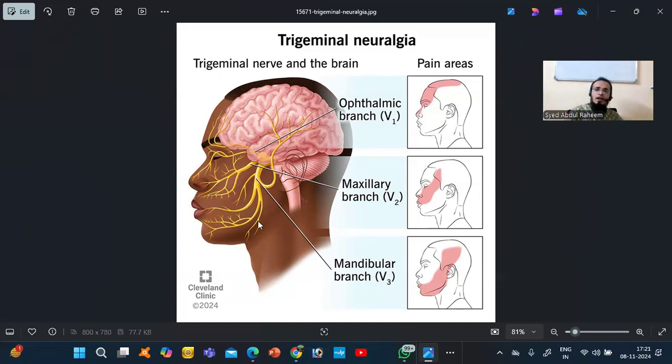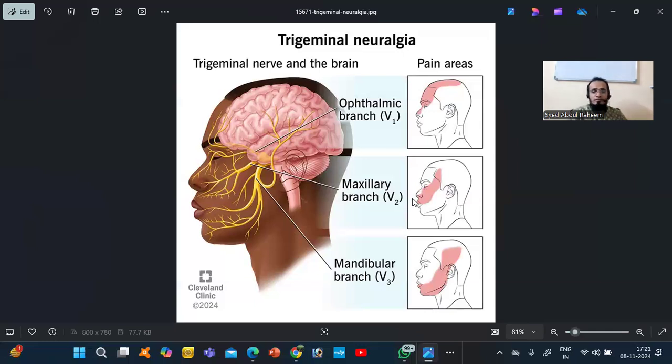And the lower one is the mandibular branch. You can see this is the ophthalmic branch supplying area, this is the maxillary branch supplying area, and the third one is the mandibular branch supplying area. So this is very important.